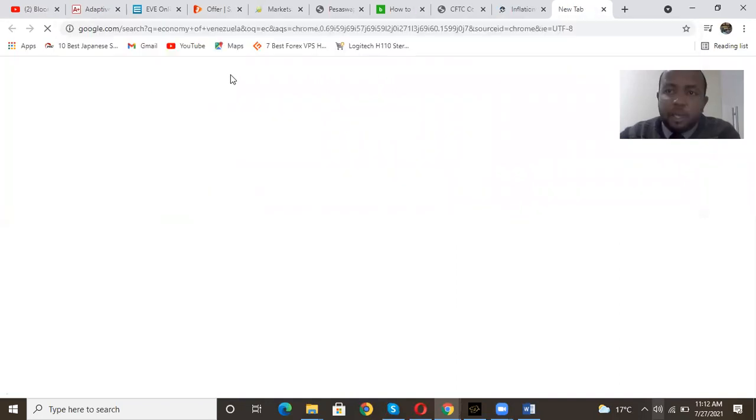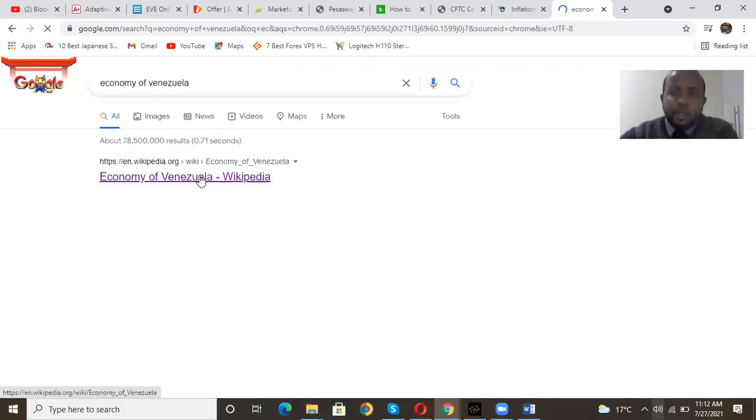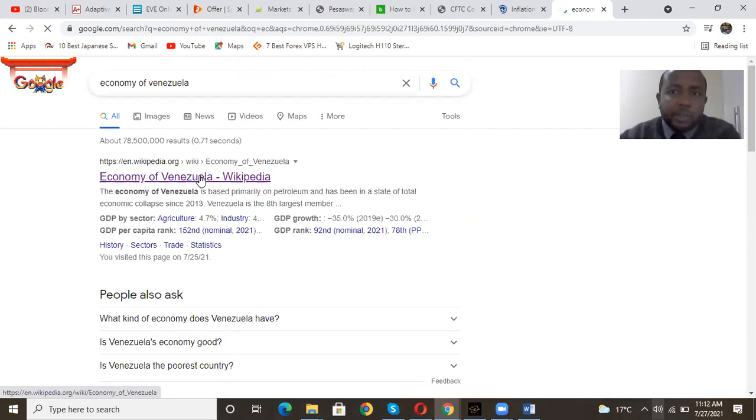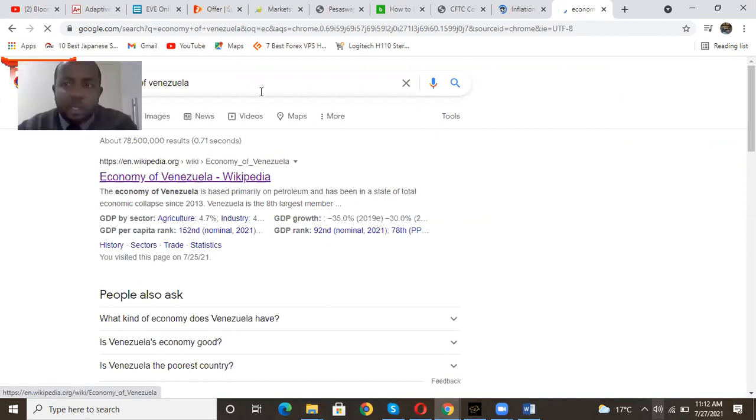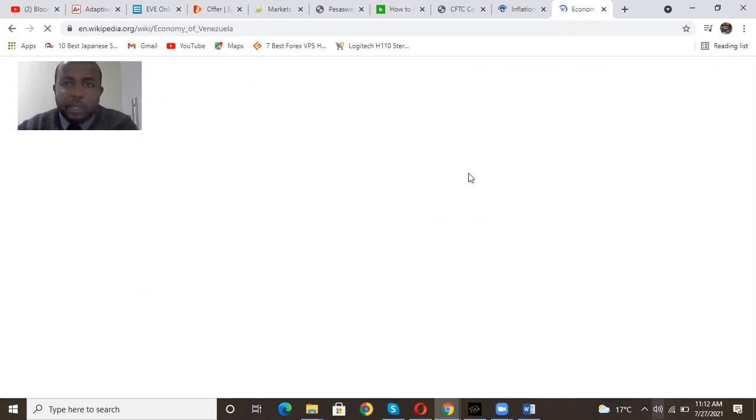I want you to see what happens when a government makes bad decisions. This is how an economy performs. Then we are going to look at the Japanese yen, or euro yen, and basically see demand versus supply and how it operates. Give me a minute as these tabs open.